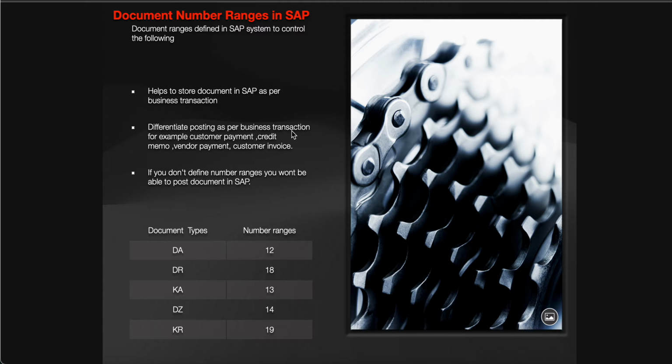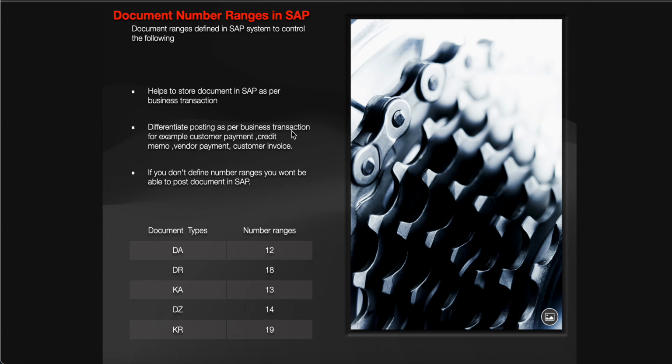In my past videos, you already saw I have explained the document types, as there are various document types when you talk about customer invoice, vendor payment, vendor invoice, right? Whatever the transactions you are posting in the SAP system, they get stored in the SAP.